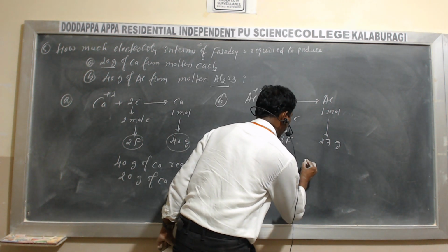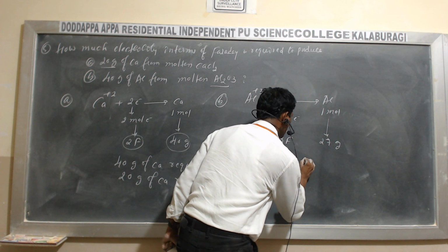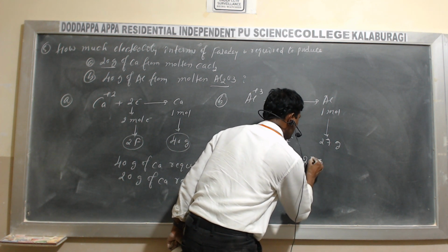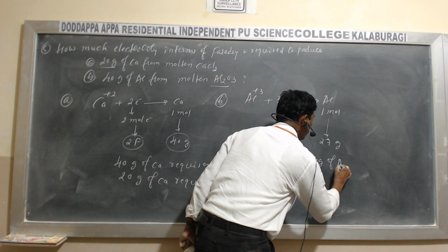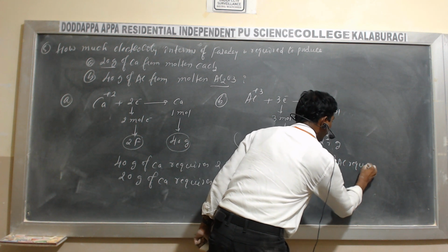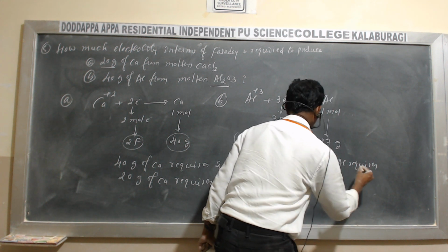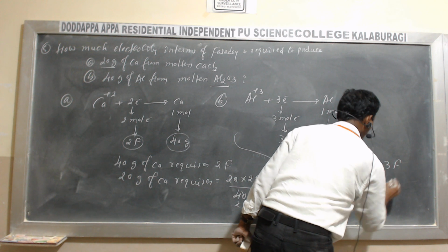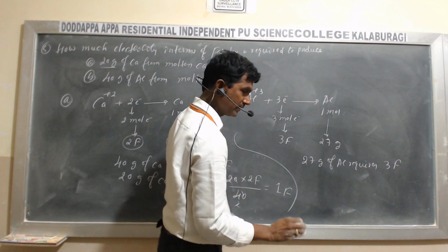So now I can write here, 27 grams of aluminium requires 3 Faraday. Is it correct or not?